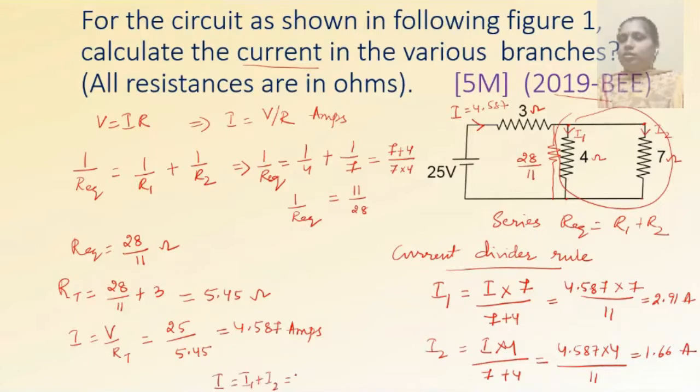So it is 2.91 plus 1.66, which is equal to again 4.587 amperes. Okay, so this is how you are going to solve and find out the currents in each branch using current divider rule and the series and parallel resistance.